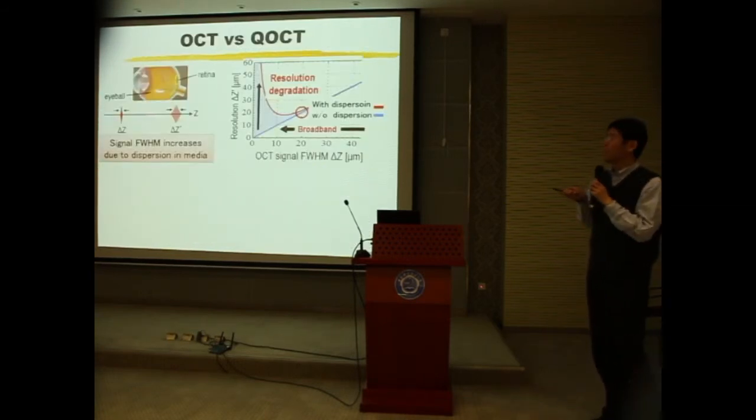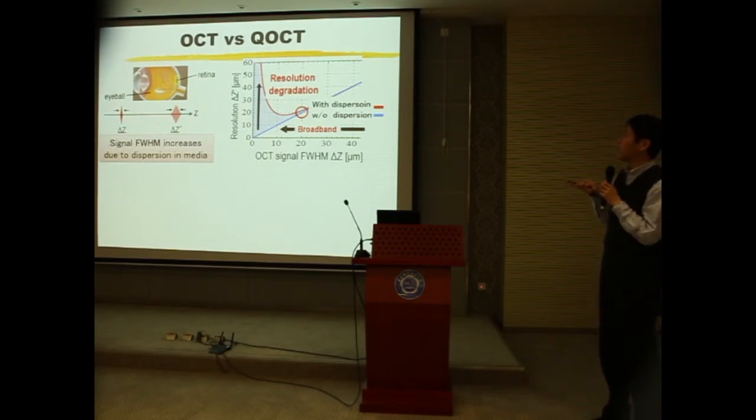And then I would like to explain why resolution is limited in the case of OCT. In order to improve the resolution, you have to extend the bandwidth of the optical field you use for OCT. If you increase the bandwidth, at first you are able to improve the resolution.